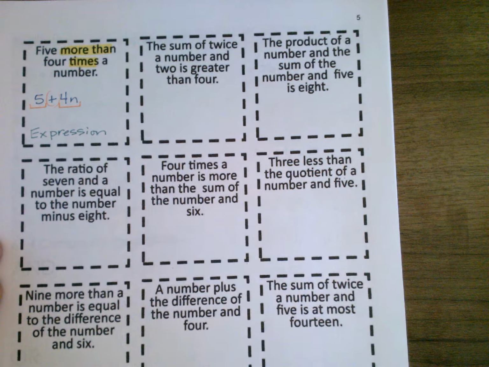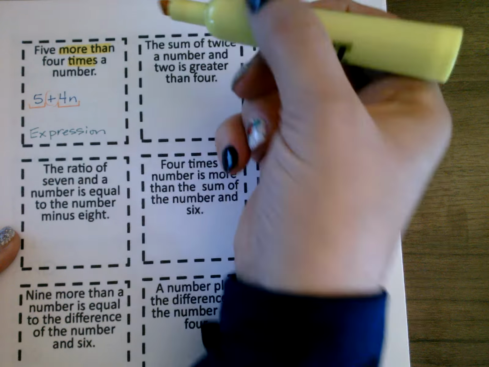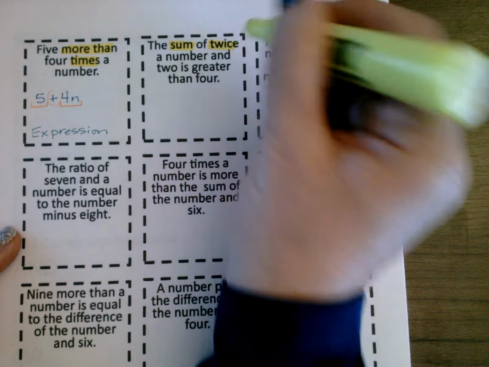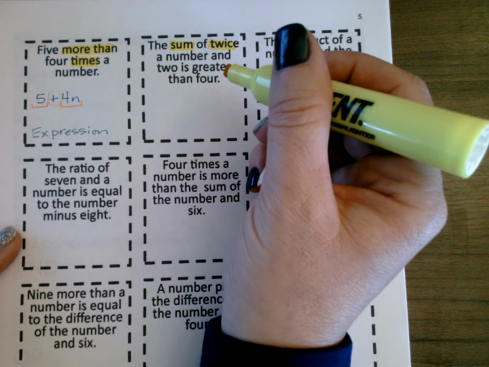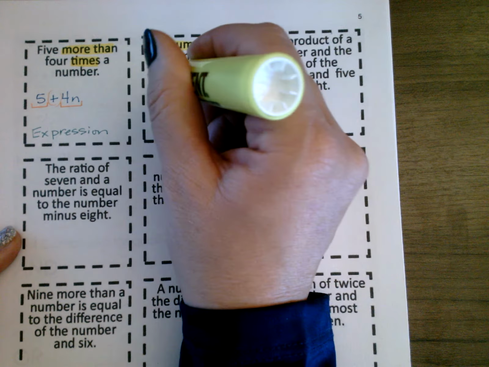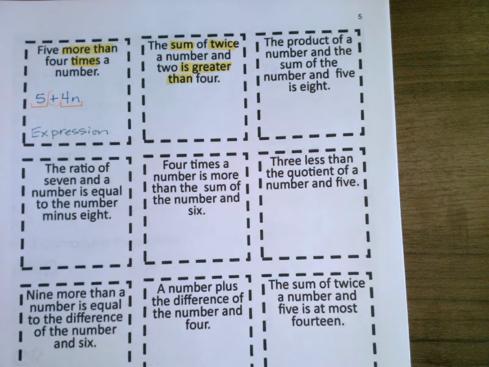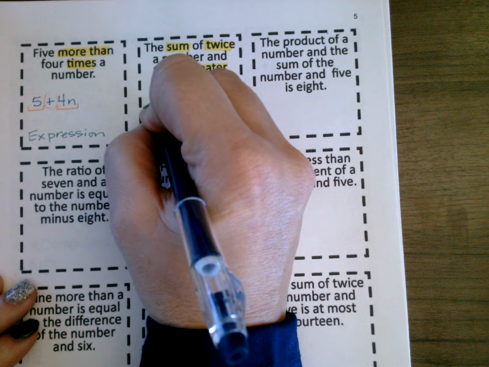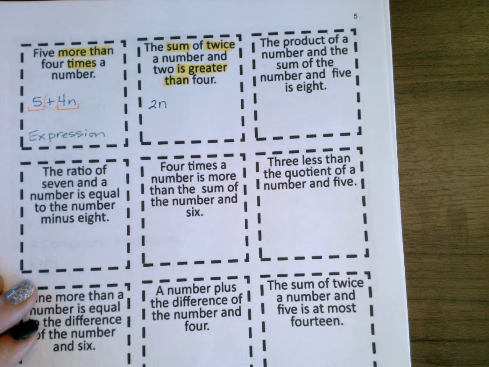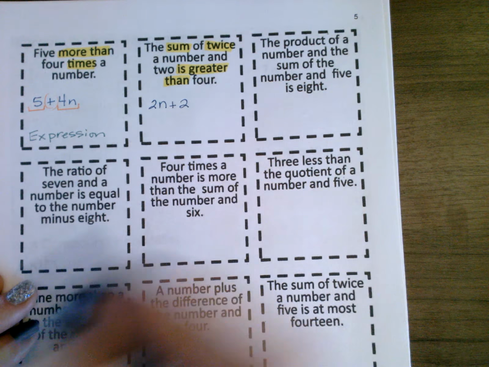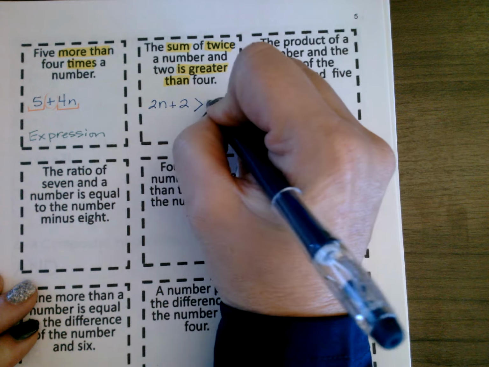Let's look at the one next to it. "The sum," that tells me something. Sum means adding, "of twice a number and 2 is greater than 4." The verb "is" tells me we're going to be doing some sort of solution. So I have twice a number and 2, so that is the sum of twice a number and 2, is greater than 4.